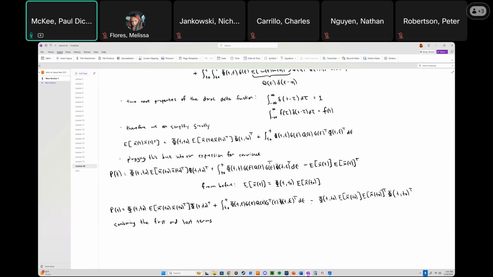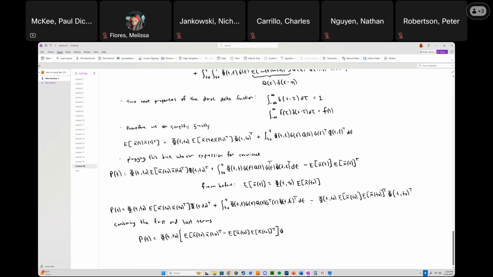So we get P of t is phi from t naught to t, and then we've got expected value of x of t naught, x of t naught transpose, minus the expected value of x of t naught, expected value of x of t naught transpose.